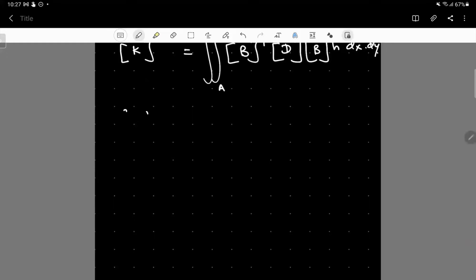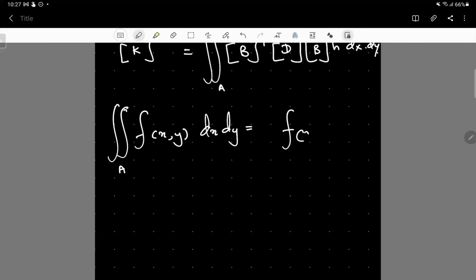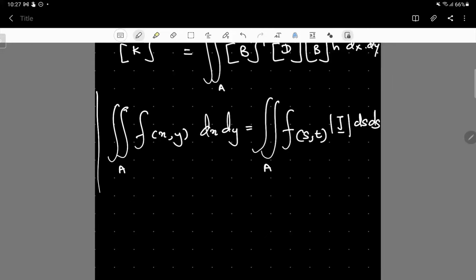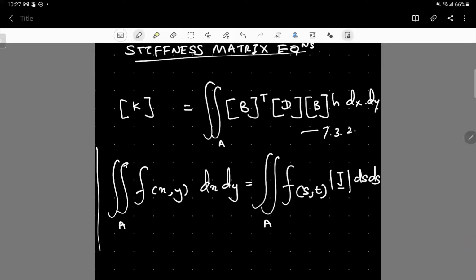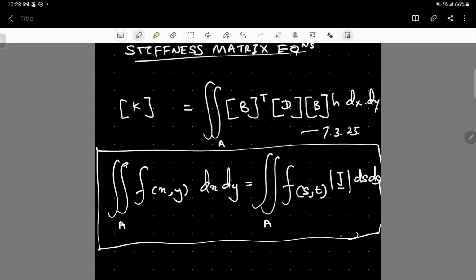If there's a function of x and y which has to be integrated with respect to dx and dy over the whole area, then for a different coordinate system, let's say a natural coordinate system, the function expressed in the natural coordinate system has to be multiplied by the Jacobian and integrated. This is the condition used to satisfy the transformation from the xy to the st domain.